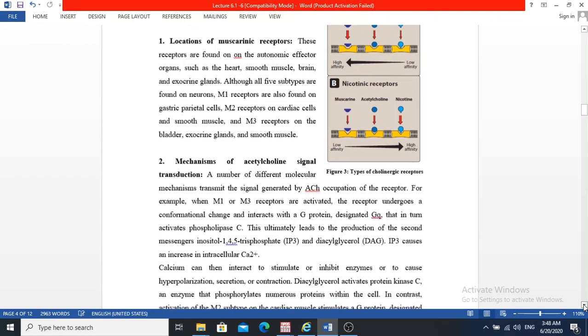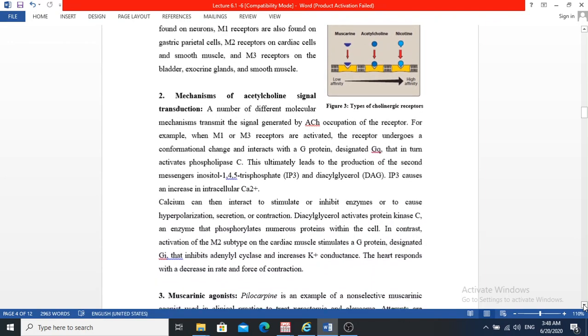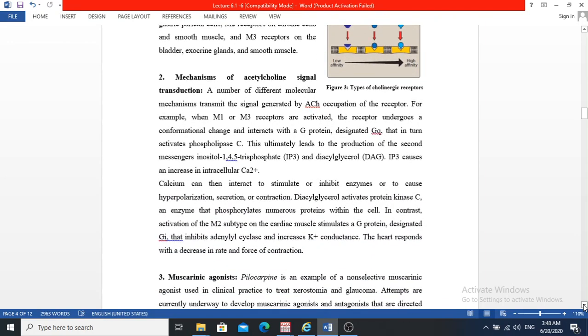Mechanism of acetylcholine signal transduction. A number of different molecular mechanisms transmit the signal generated by acetylcholine occupation of the receptor.